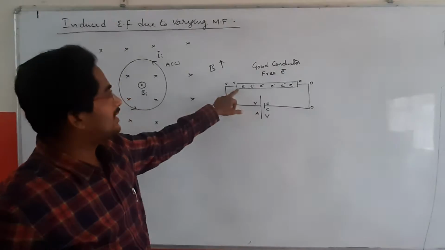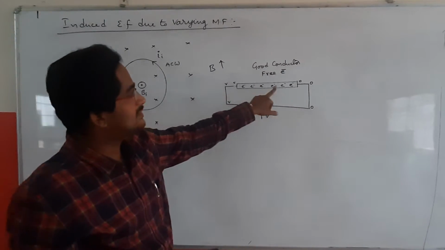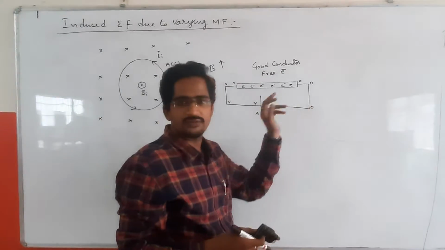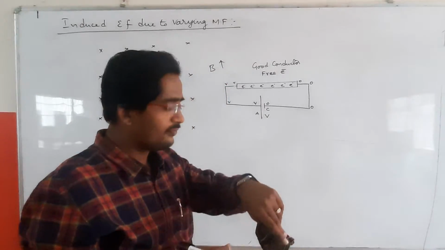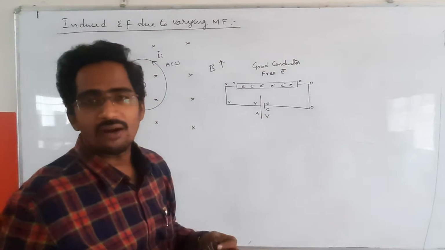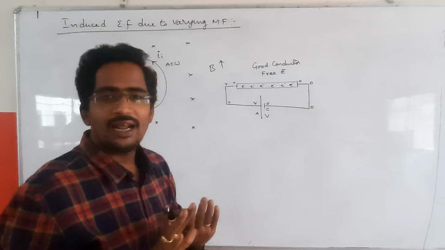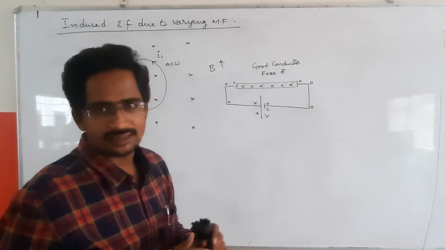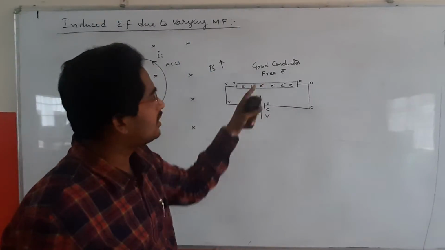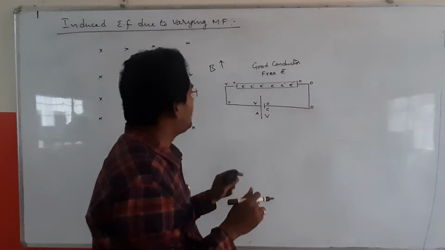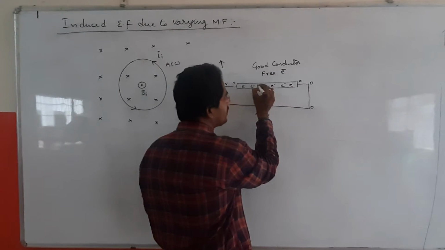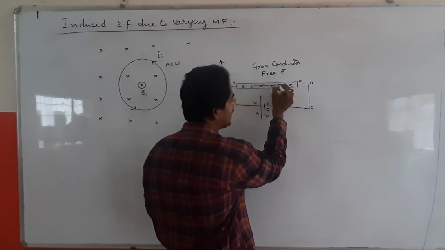Now the first end is at high potential and the second end is at low potential 0. By that, an electric field is established across this rod. What is the electric field direction? Inside this rod the electric field is established in this direction.